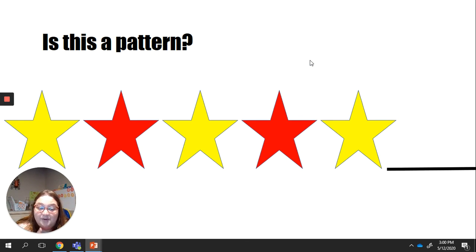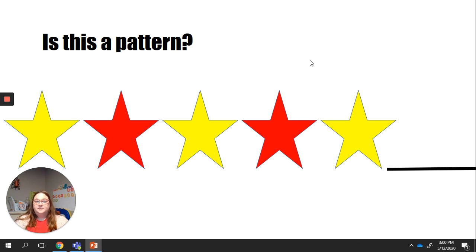All right, this time I'm going to try to trick you up because I feel like you probably knew that last part, but I think I'm going to really trick you up this time. So look here. Yellow, red, yellow, red, yellow, red, yellow. Now, is that a pattern? Is it a pattern? What do you think?